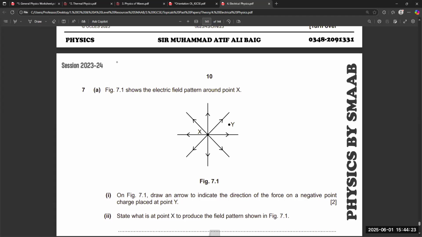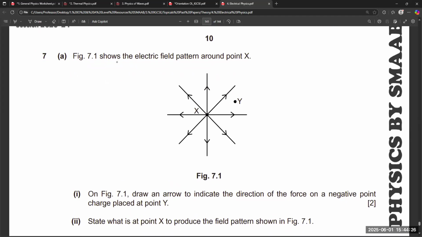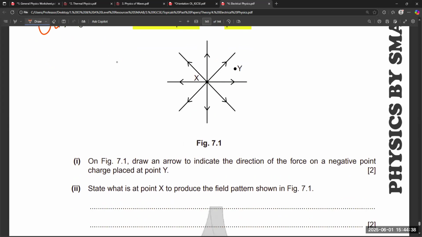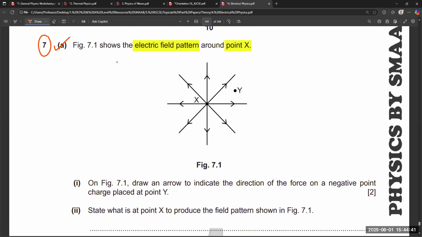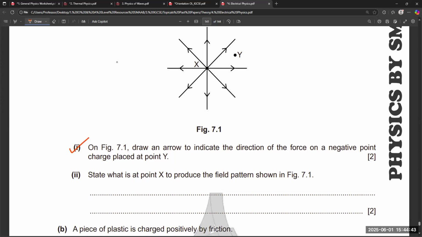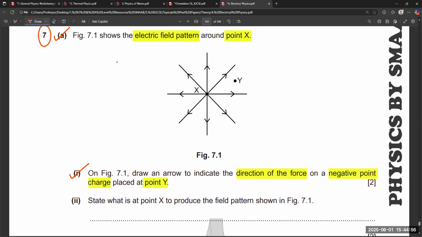Right now we have the electrical and magnetism section. Question number 7, it shows the electric field pattern around a point X. So point X in the middle, and there is a point Y. On figure 7.1, draw an arrow to indicate the direction of the force on a negative point charge placed at point Y. So what will be the direction of the force on this negative charge?